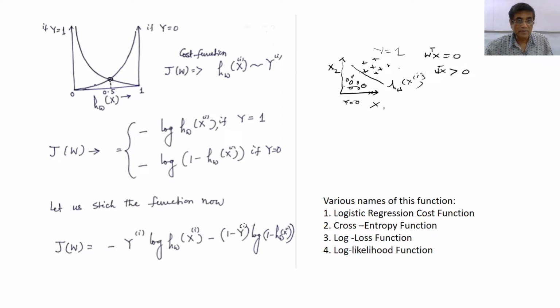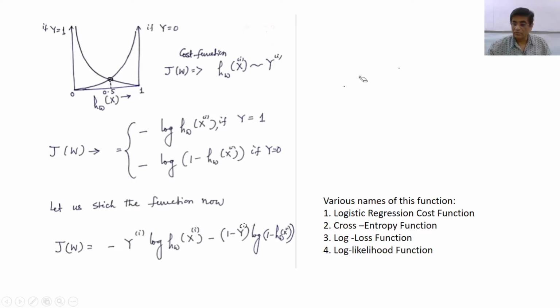The two entropies are crossing over here, and this is the maximum entropy. Maximum uncertainty means maximum information. We want our decision boundary to be constructed at a place where maximum information is there, so that our classification can be proper. So this is what we studied.